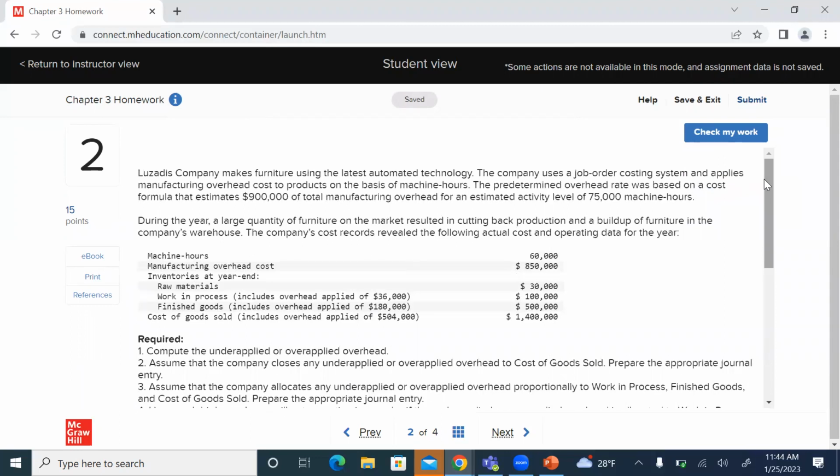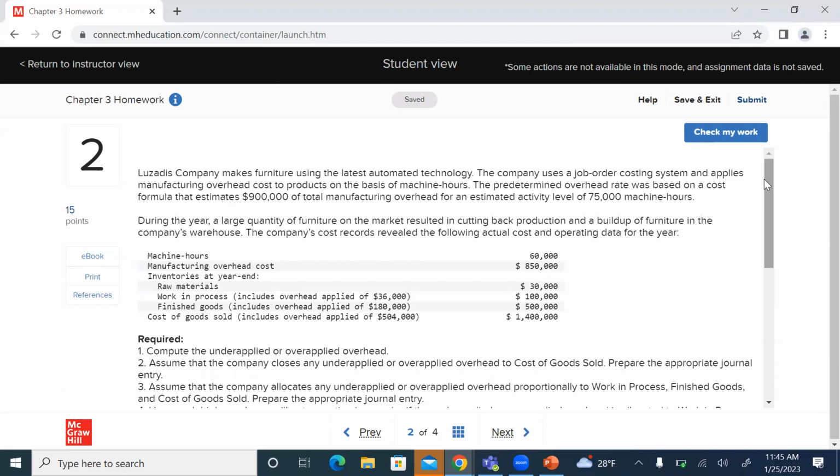So here, Luzzati's company makes furniture using the latest automated technology. The company uses a job order costing system and applies manufacturing overhead costs to products on the basis of machine hours. The predetermined overhead rate was based on a cost formula that estimates 900,000 of total manufacturing overhead for an estimated activity level of 750,000. So from those, we can figure out our predetermined overhead rate.